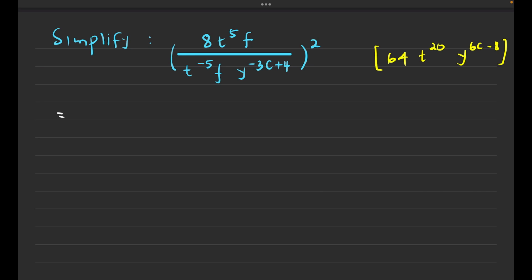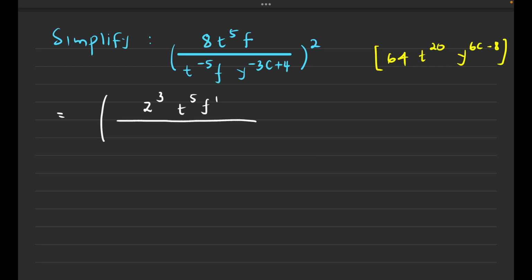So this is equals to, firstly, looking at my bases here. Let me first sort out what's in brackets, right? So 8 can be expressed as 2 cubed right here, and then t to the 5, f is to the power 1.